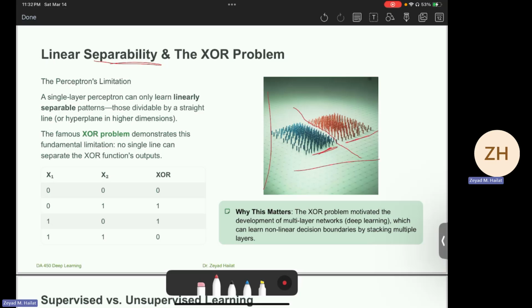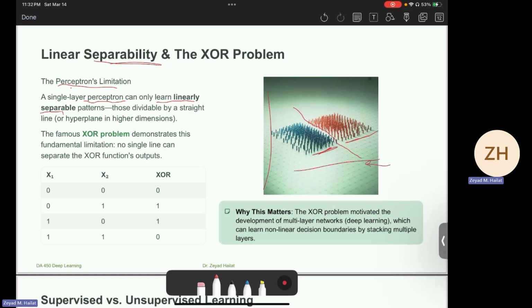Sometimes, so this is 2D, if we look at 3D or 4D or 5D, we're looking at more of a hyperplane. And sometimes this hyperplane is much more complicated than just a simple linear line. So the perceptron's limitation: a single layer perceptron can only learn linear separation, which is what we see here.